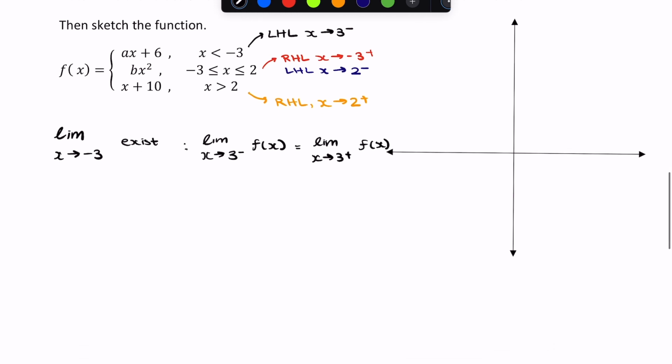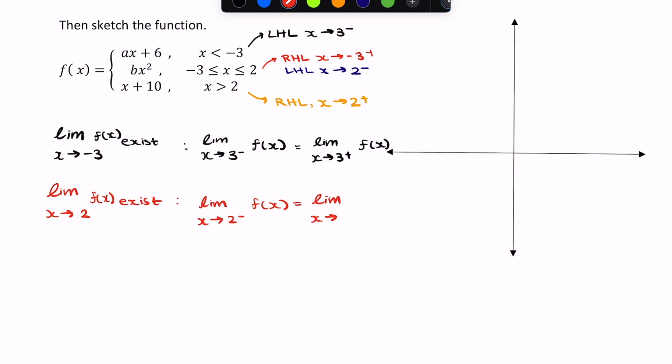And also, our limit as x approaches 2 exists if, sorry, this one is f of x as well. So again, this exists if the limit as x approaches 2 from the left of f of x is equal to the limit as x approaches 2 from the right of f of x. So remember, that's the criteria that we need.